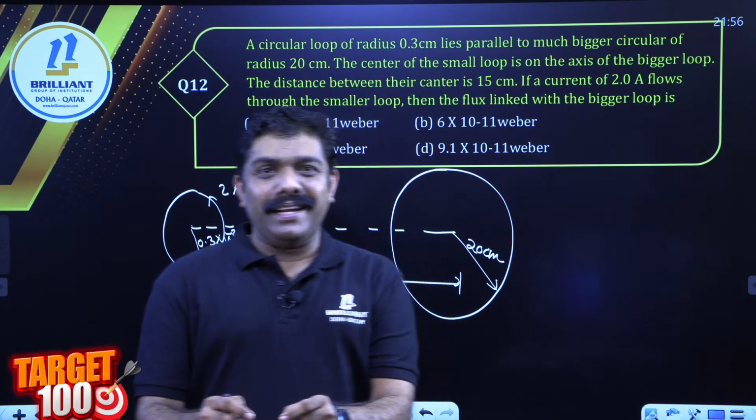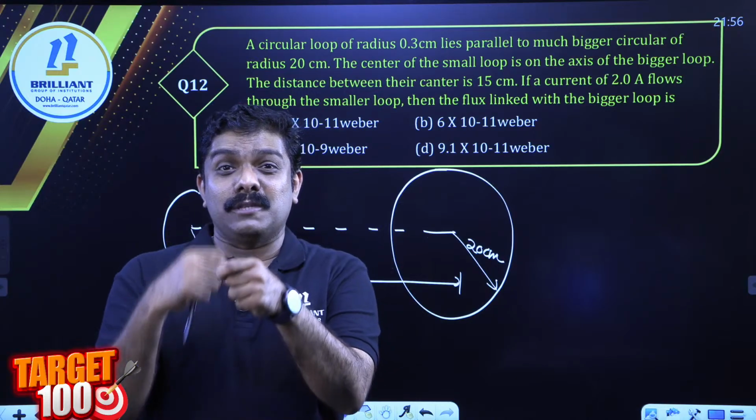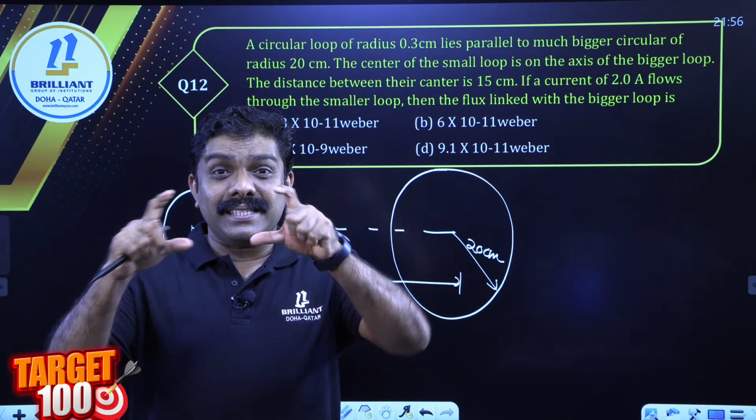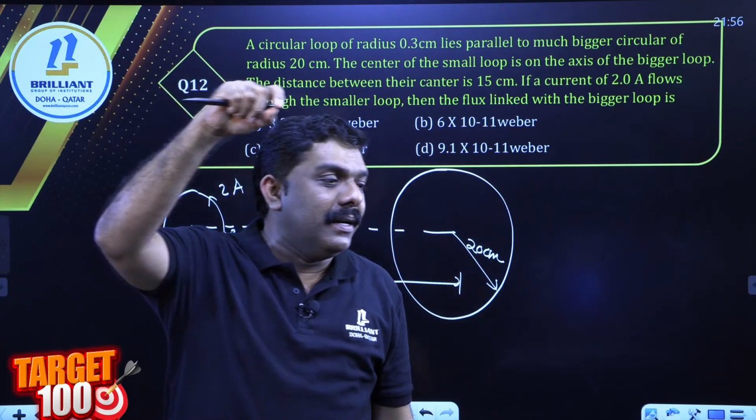So the point I am explaining, the current is flowing through the smaller loop. What is the flux linked with the bigger loop? That's the question.